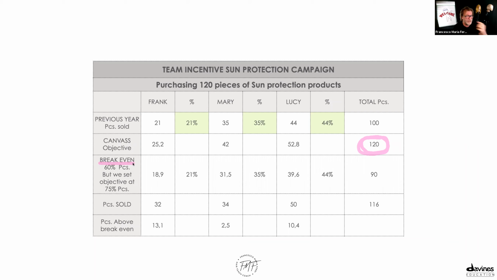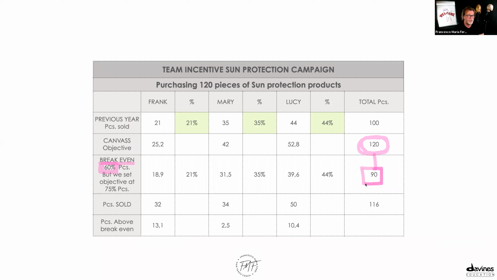So based on the calculation of the marginality of the product, I've seen that if I sell 60% of these 120 pieces, I'm going to earn some money.